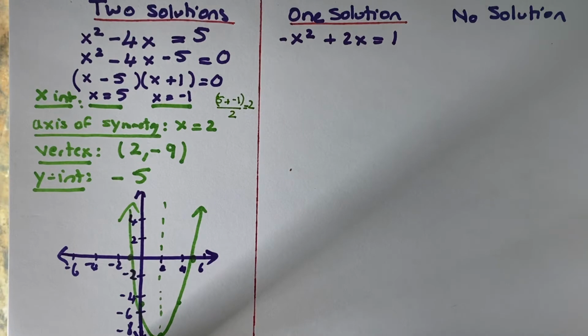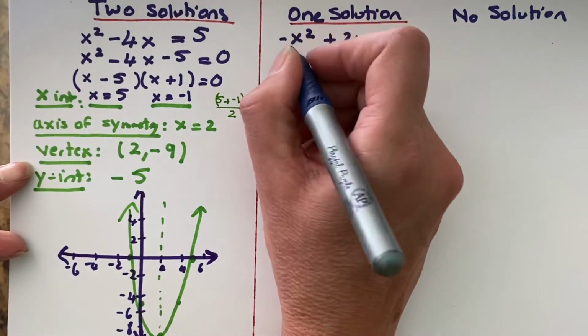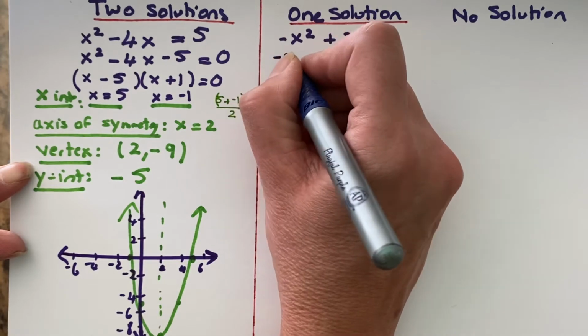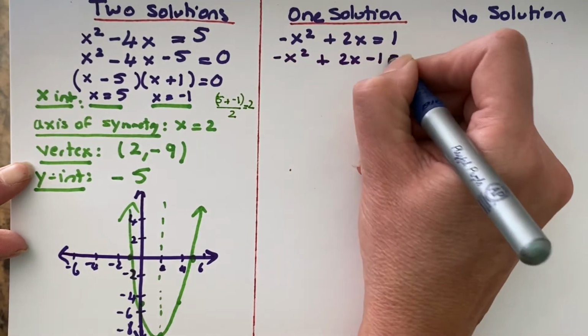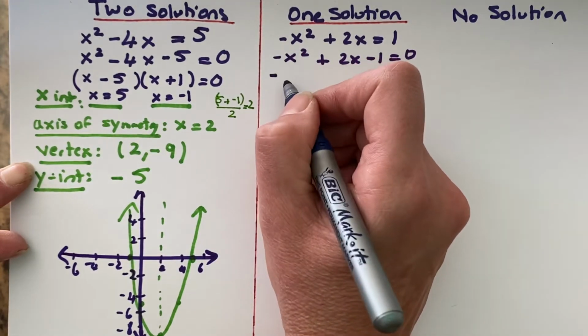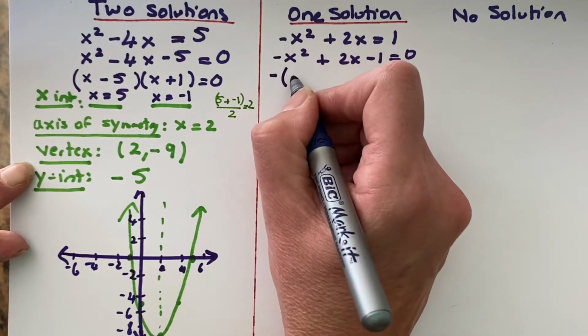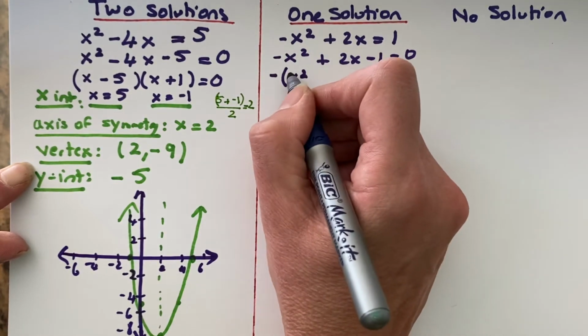Well, again, I am going to have to move this one over to set it equal to 0. So that's my first step. And my next step is going to be to factor, but before I factor all the way, I have to factor out a -1. So I have to add this little step. And to do that, I have to change all the signs inside, right?